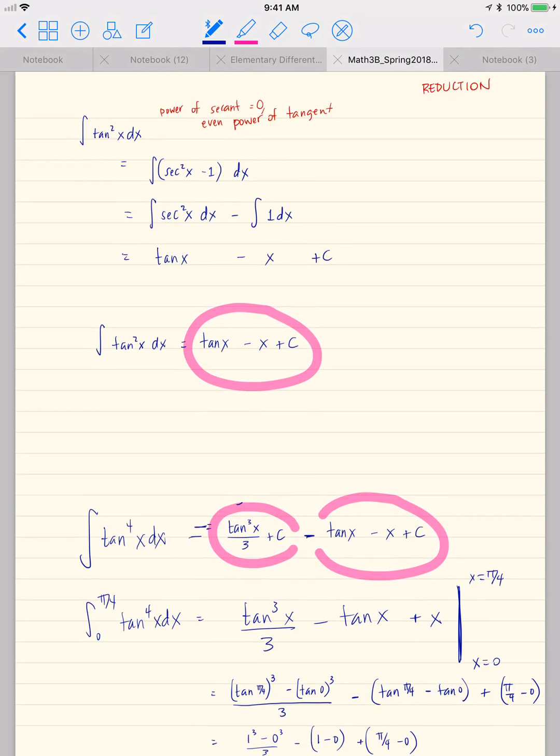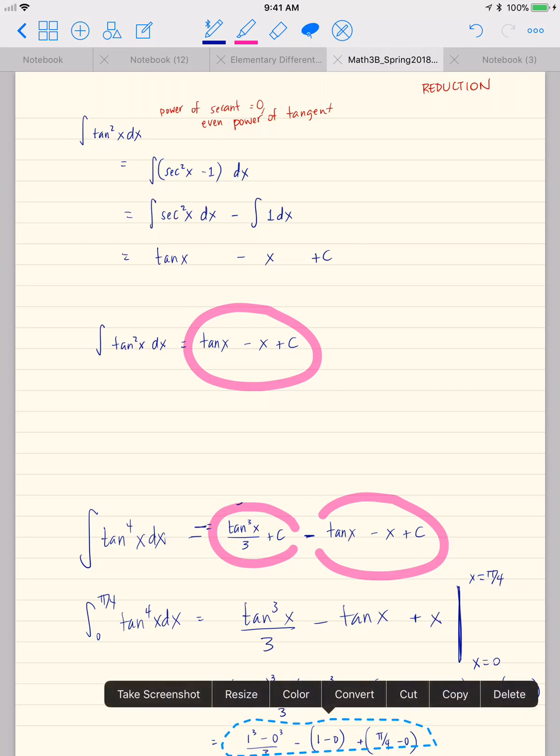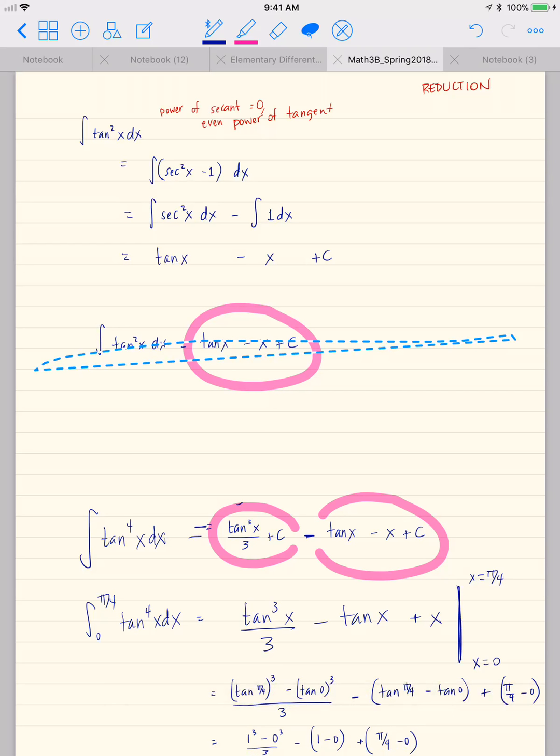Okay, and we will end up with, I can't do this in my head, so let's just copy, paste. So this is the integral from 0 to pi over 4 of tangent of x to the fourth power dx.